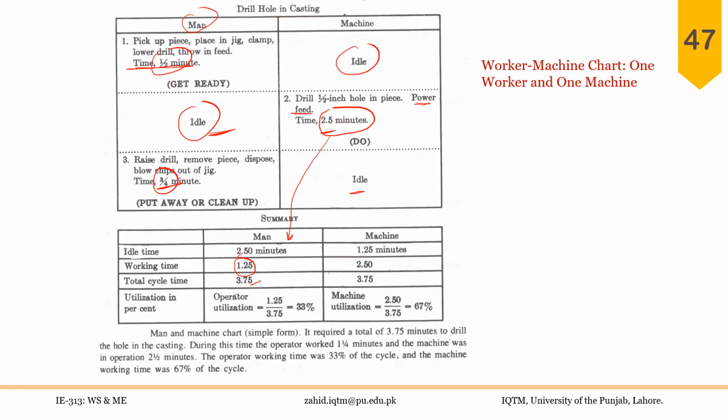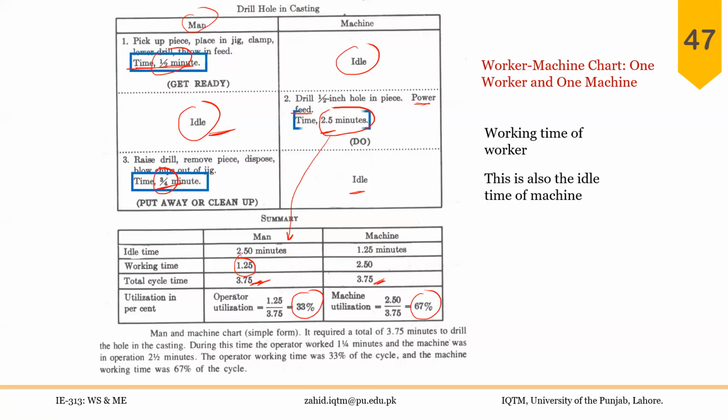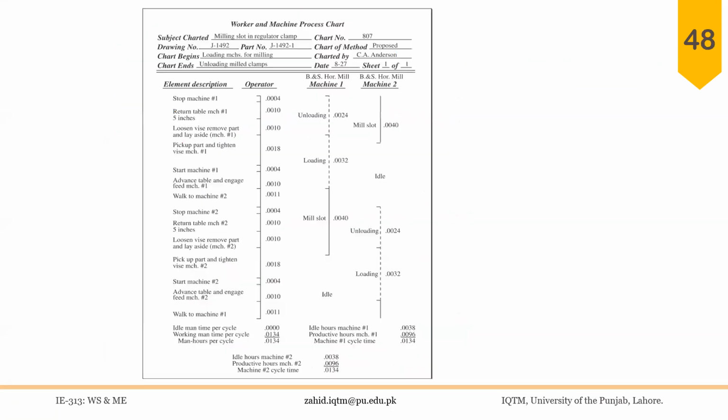So total cycle time is 3.75. It is just the opposite for the machine. So total cycle time is the same. And working time divided by total cycle time is the utilization. So we can see that worker is only 33% utilized. So these are the times that we have used for the calculation. So we can further utilize the worker because he is underutilized.